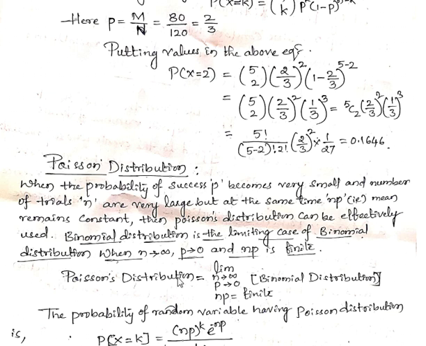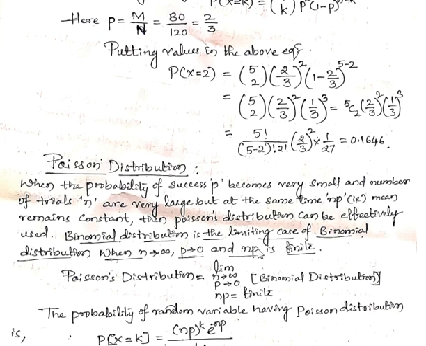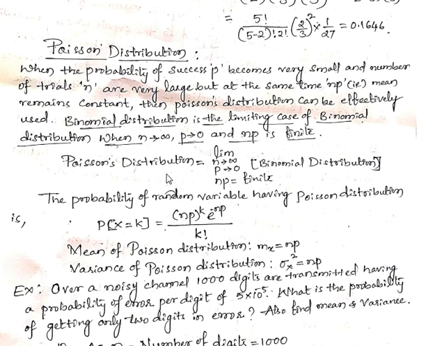Here in Poisson's distribution, n is very large and the probability of success is very small, but n into p would be a finite value. When n was 5 in the above case it was easy, but if n becomes thousands, then it would be difficult.